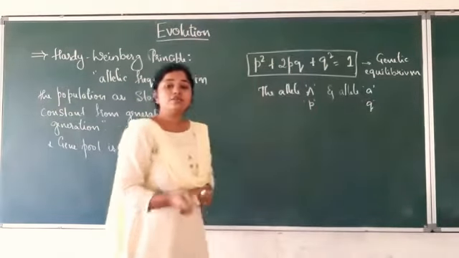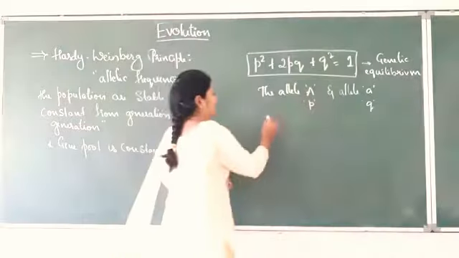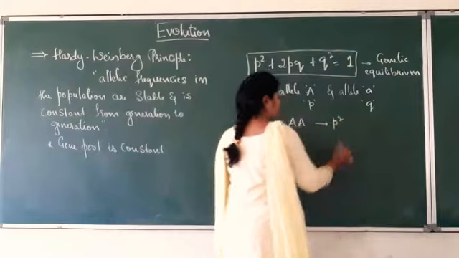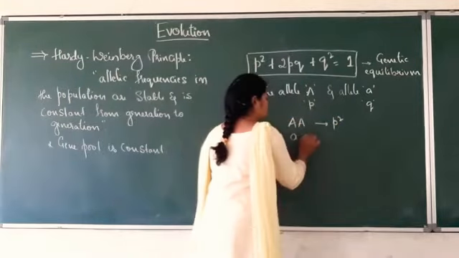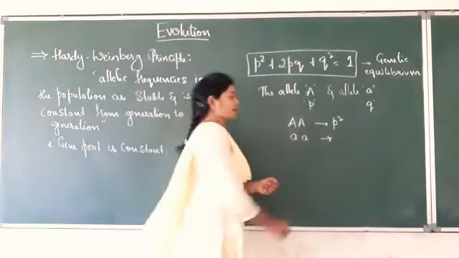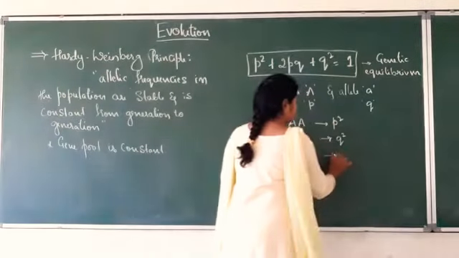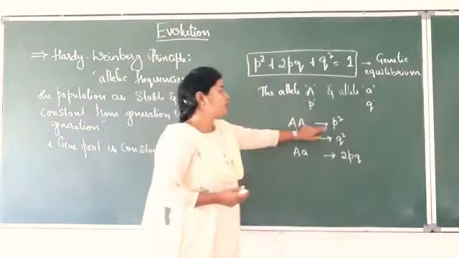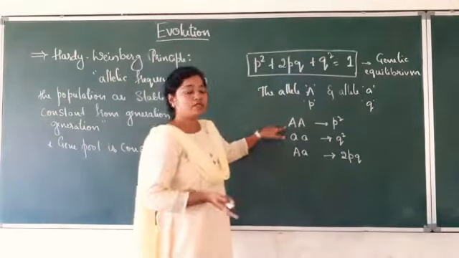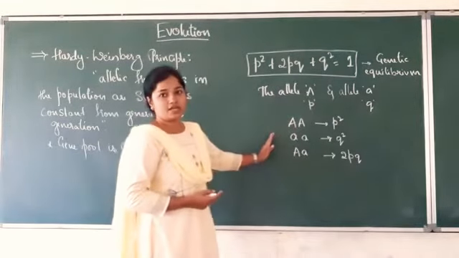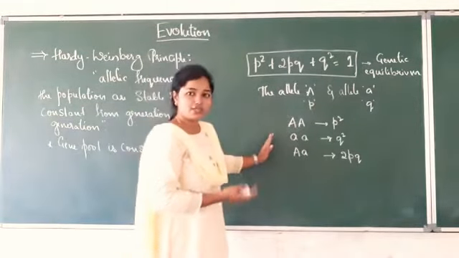So the individuals with the AA frequencies are represented by p square, and the individuals with aa frequencies are represented by q square, and the individuals with capital A and small a are represented by 2pq. Here p represents the dominant one, small q the recessive one, and 2pq the heterozygous individual or heterozygous organism.